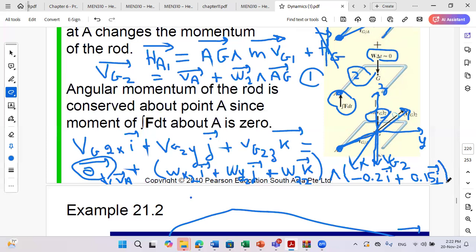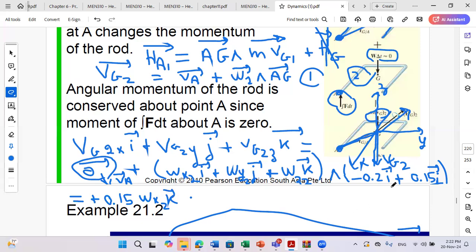Okay, so let us do the expansion. We can say that this is equal to, first, I vectorial I, 0. I vectorial J, sorry, I vectorial J is K. So we have plus 0.15 omega X2 K. We are done with the first expansion.